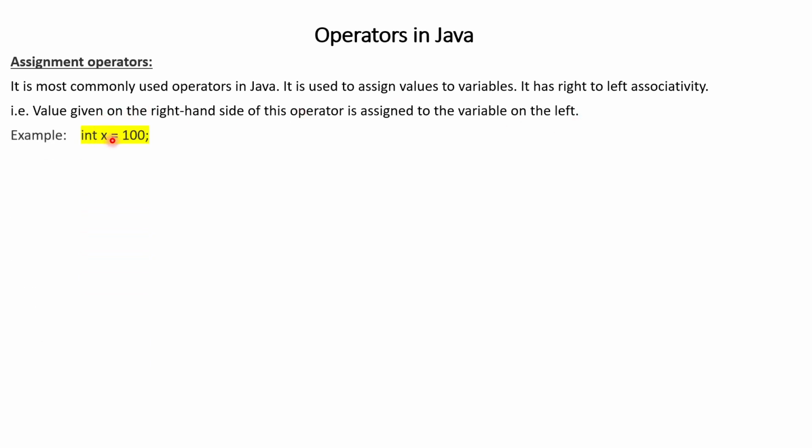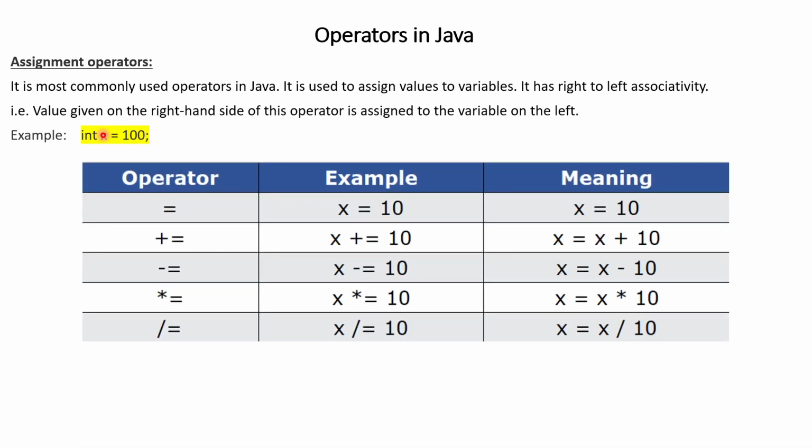For example, if we see integer x equal to 100, that means this value will be kept in x. This is the assignment operator.